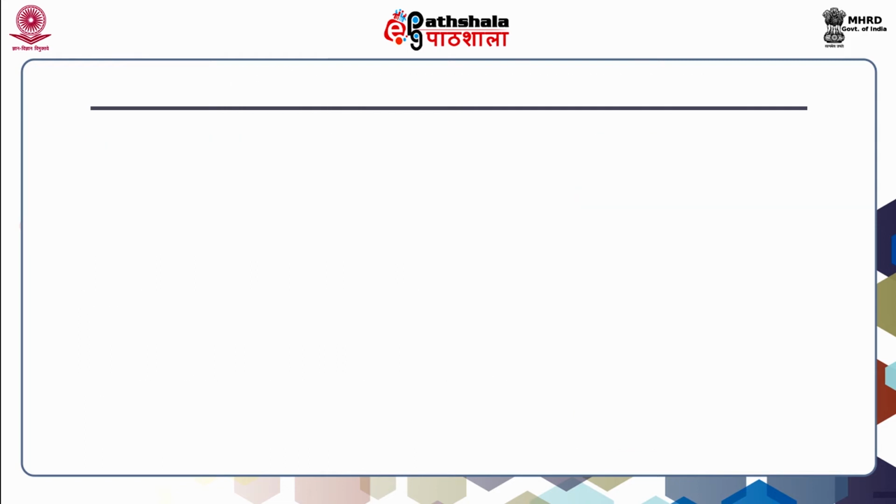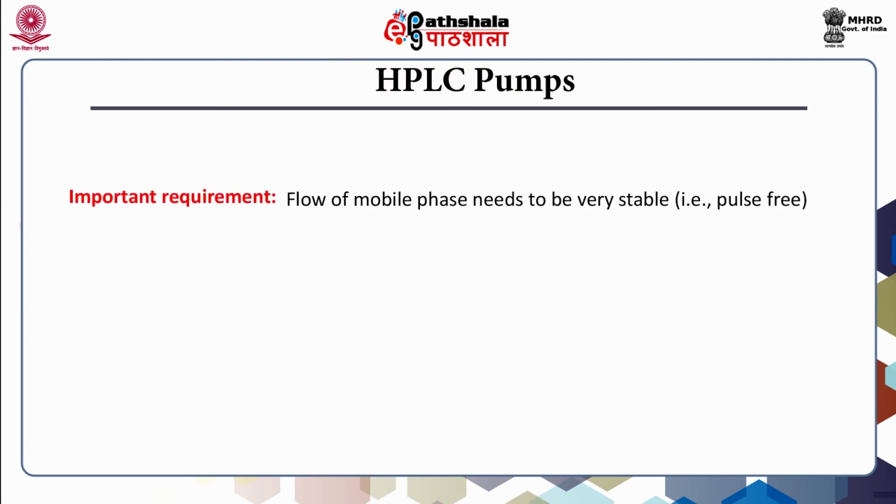So, that is all about the columns and also the stationary phase and the mobile phase. Let us shift to other components of the HPLC experiment or HPLC instrumentation. An important requirement in HPLC is the flow of mobile phase, and that flow should be very stable, pulse free.